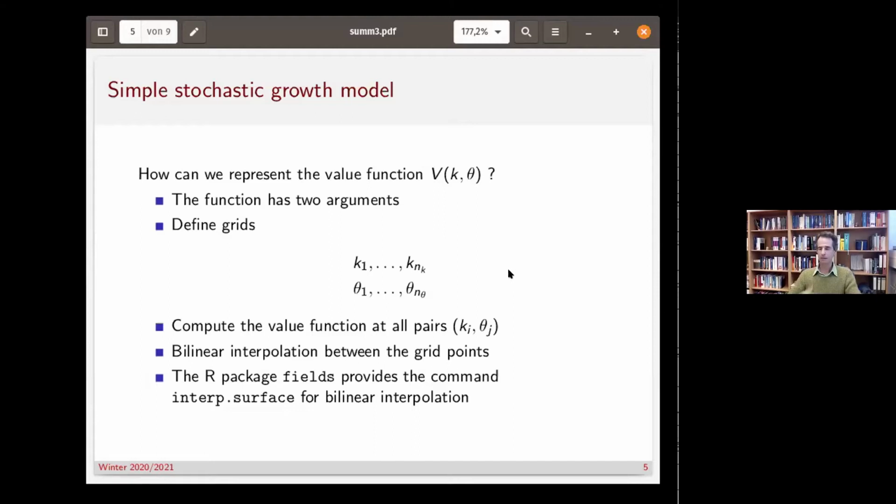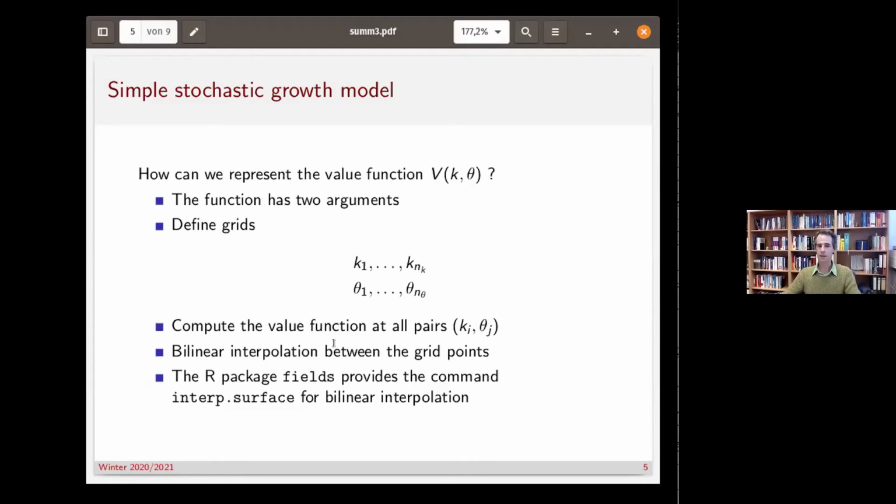And if we really don't know anything, then I think the most natural way to represent the value function is by defining two grids, one over the capital stock, the other one over the technology level, and then for each pair of these grid points to compute the value function at that point, and just use some kind of interpolation scheme in between the pairs of grid points.